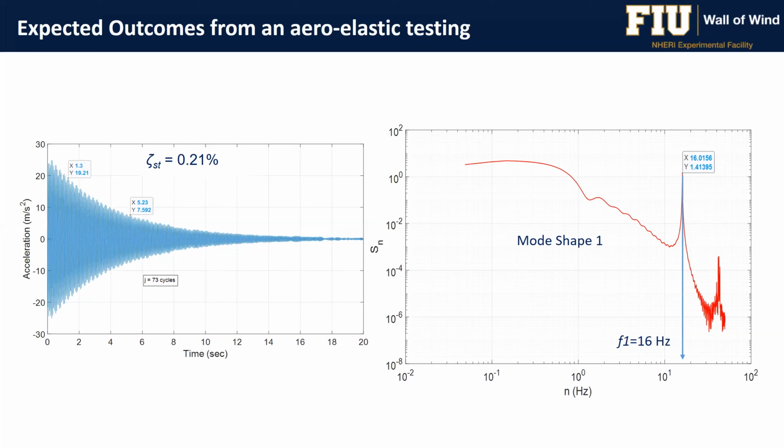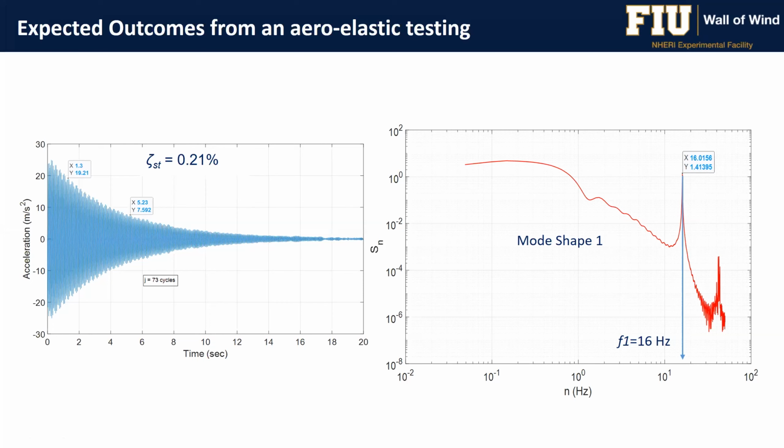Okay, so what can we get out of aeroelastic modeling and testing? Basically, first, system identification. We can measure accelerations under free vibration without wind, which is what you see here on the left, and the decay of the motion can give you the damping of the structure. Then you can do the same with wind so that you can get the aerodynamic damping of the structure.